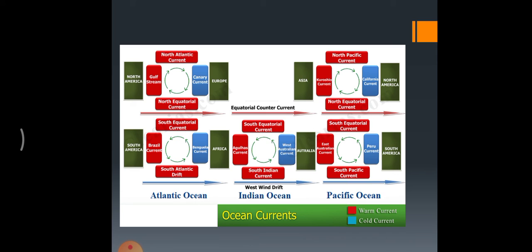Ocean currents in Indian Ocean. Warm currents include Agulhas Current, South Equatorial Current, and South Indian Current. Cold current includes West Australian Current. Pacific Ocean. Warm currents include South Pacific Current, East Australian Current, South Equatorial Current.